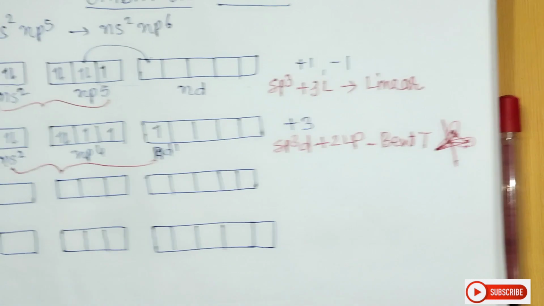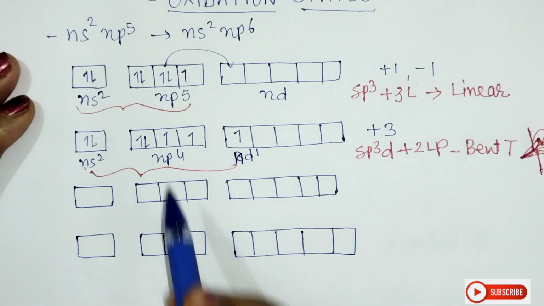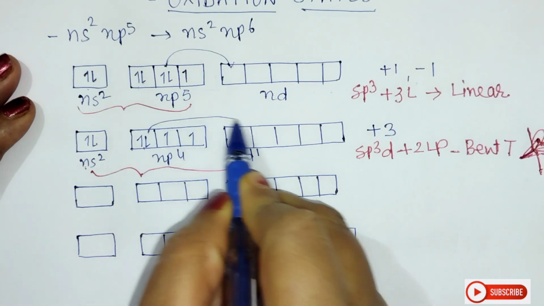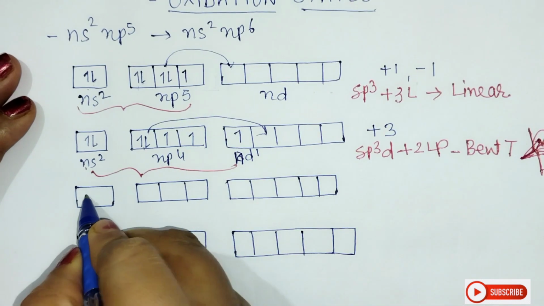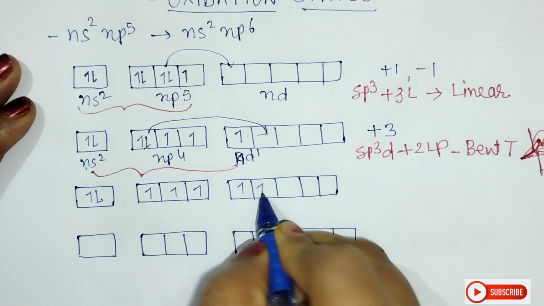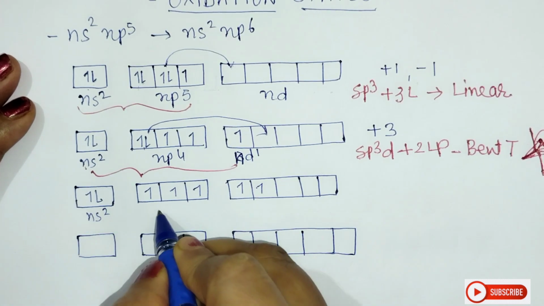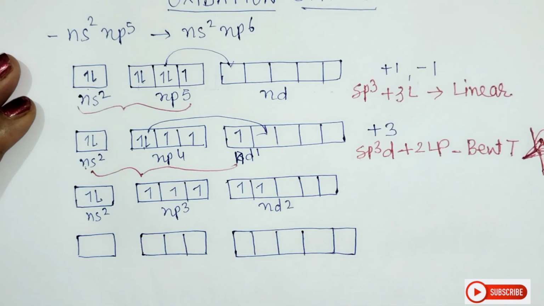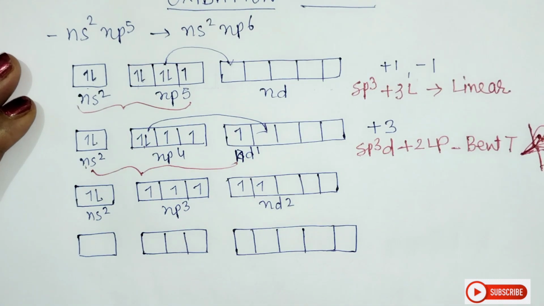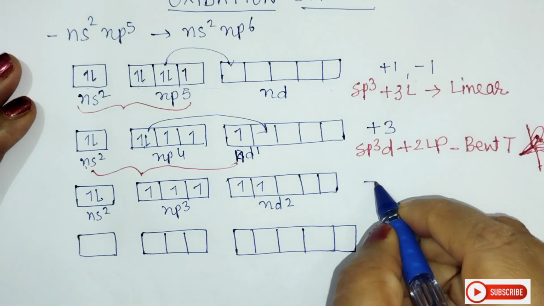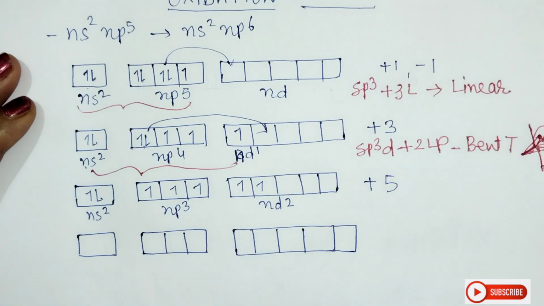Let us see the next excitation. Now in the next excitation, I will be exciting this electron from here to this. So what will you have, students? 1, 2, 1, 1, 1 and 1, 2. So it will have ns2, np3 and nd2. So what will be the oxidation state here? There are 5 unpaired electrons. So the oxidation state will be +5.